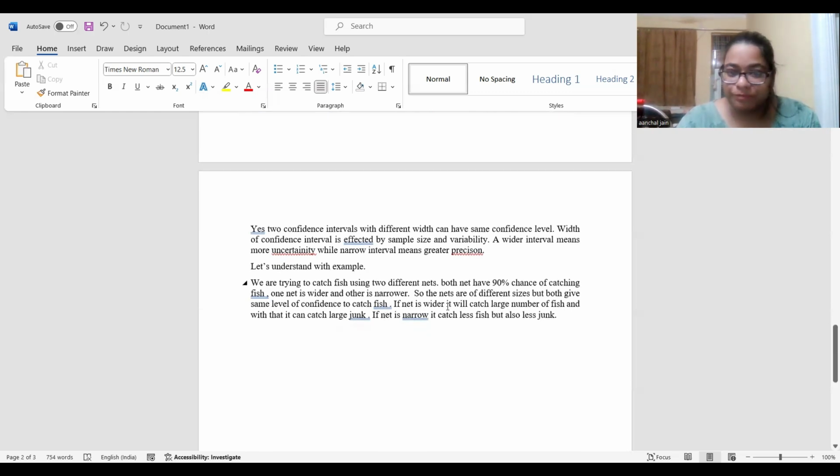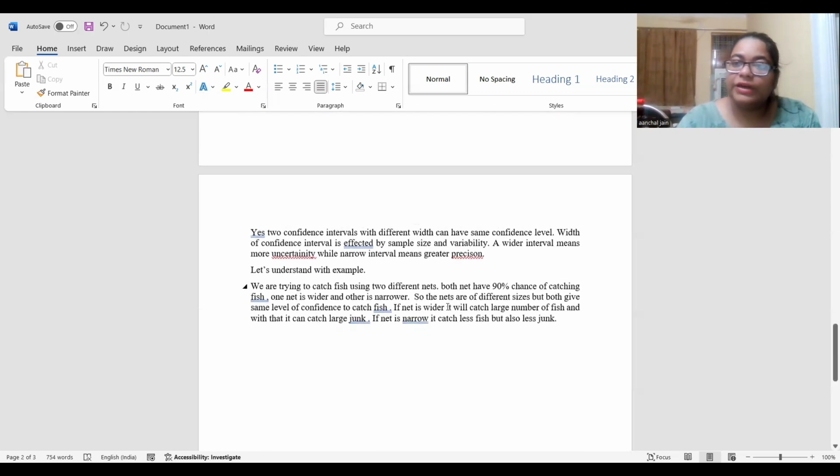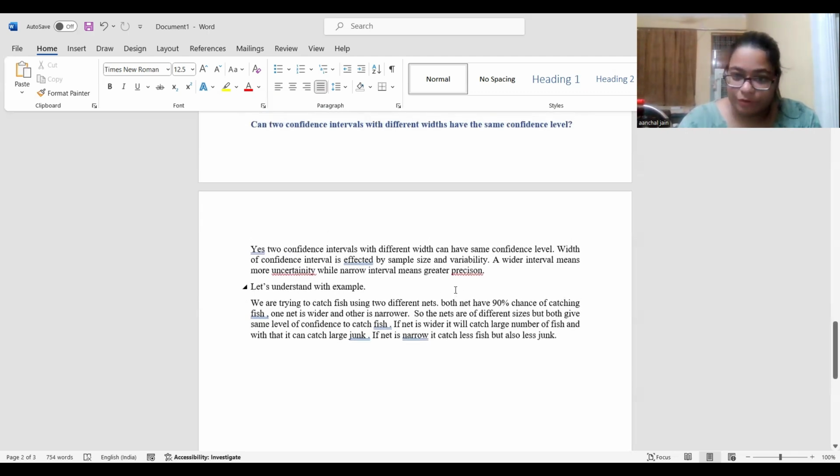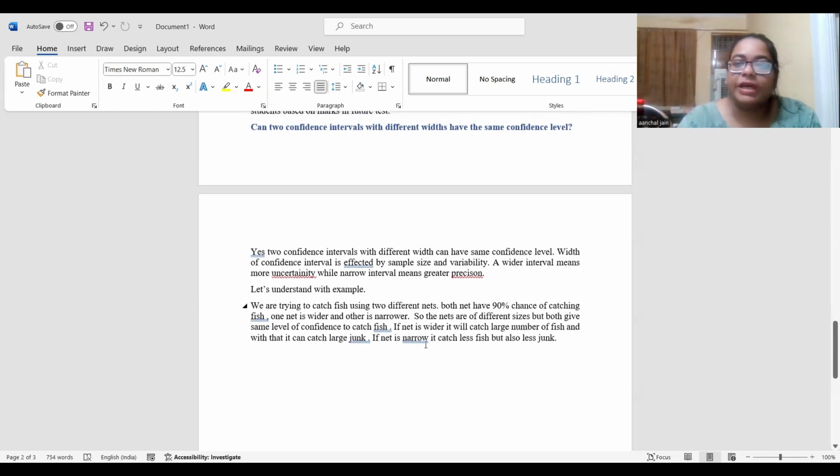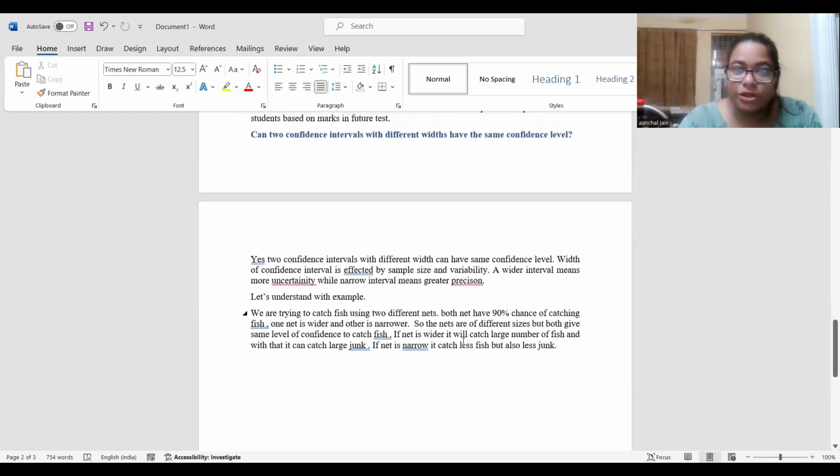If the net is wider, it will catch a larger number of fish, and with that it can catch more junk also. But if the net is narrower, it will catch less fish and also less junk. So here we can see that both nets have the same chance of catching fish, meaning the confidence level is the same, but the confidence intervals have different widths, one wider and one narrower.